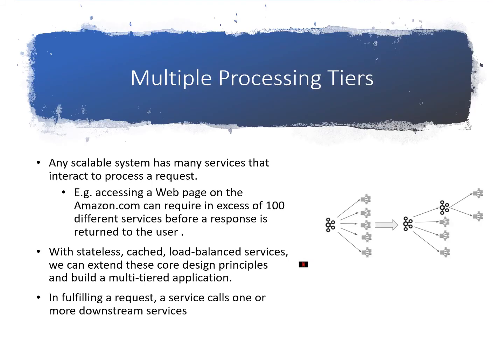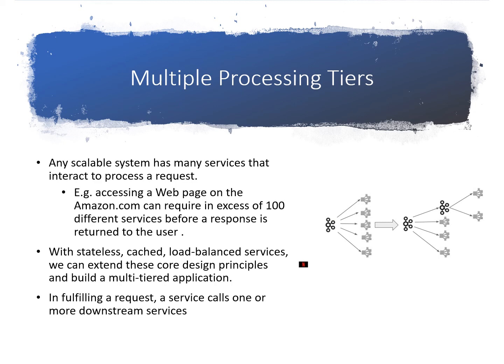Still, as systems grow, we have to adopt other strategies to enable them to scale. Any realistic system will have many different services that interact when processing a request. For example, accessing a web page on Amazon.com can require in excess of 100 different services being called before a response is aggregated and returned to the user.